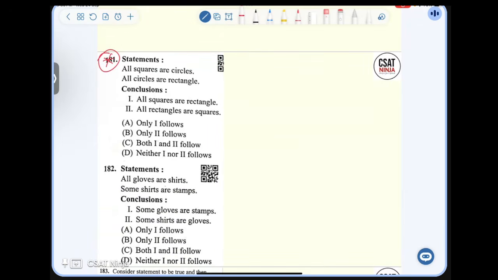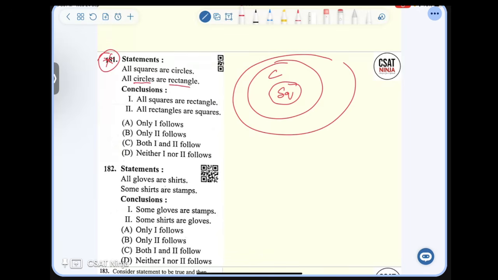The question is, all squares are circles. That means all the squares are under the circle. All circles are rectangles. That means all the circles are under the rectangle. Let's go to the conclusions. All squares are rectangles.